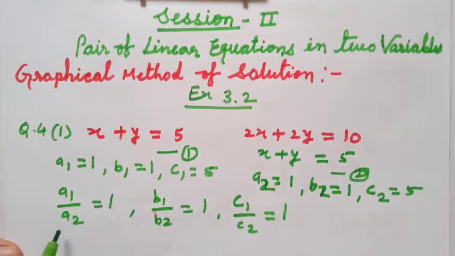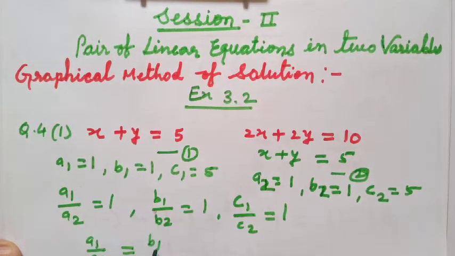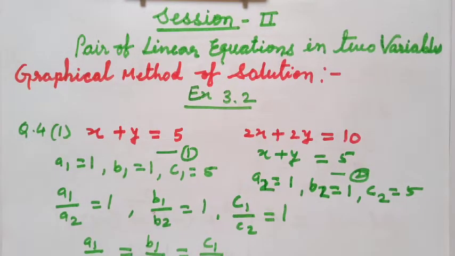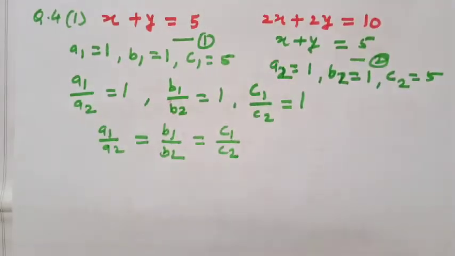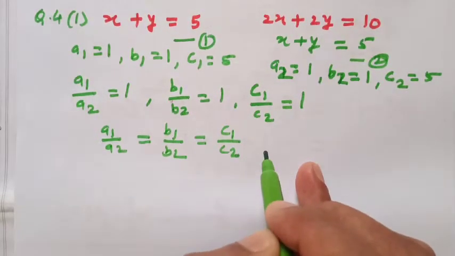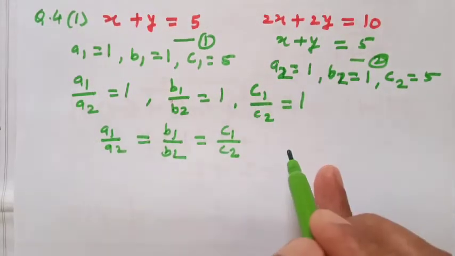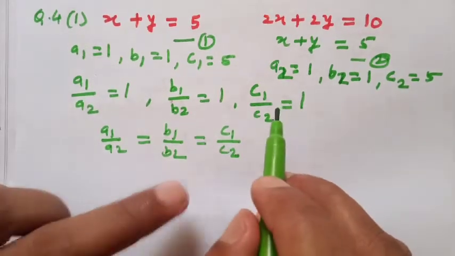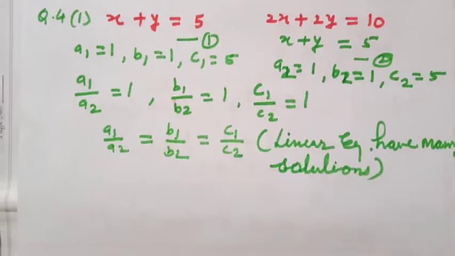Observe it, the condition is there: a1 upon a2 is equal to b1 upon b2 is equal to c1 upon c2. This condition tells us the linear equations have many solutions.